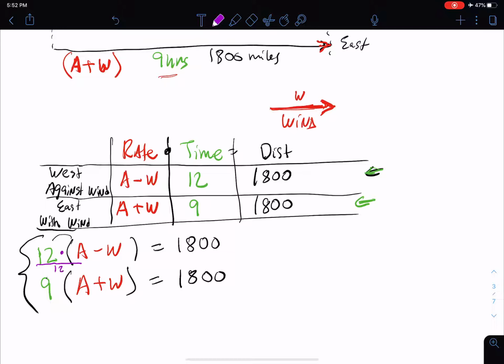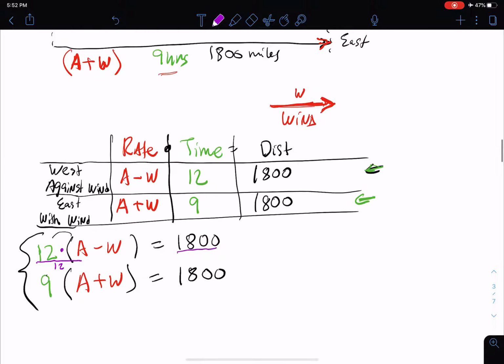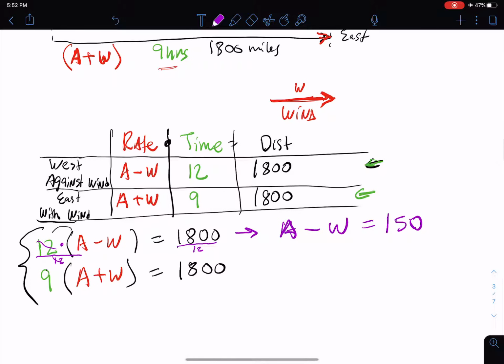Well, if this number over here is divisible by 12, you're going to simplify your problem quite a bit. 12 divided by 12 gives us 1, and if you distribute 1, you're just left with A minus W equals, and then what is 1,800 divided by 12? Well, it's a nice whole number of 150. If it's not a whole number, you get decimals, and it gets to be a pain, but you still can do it.